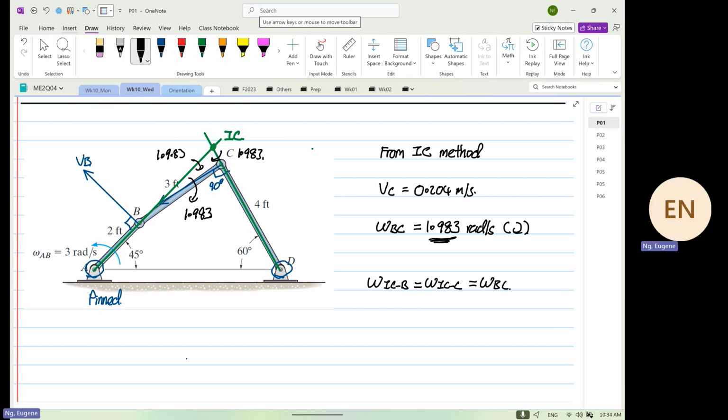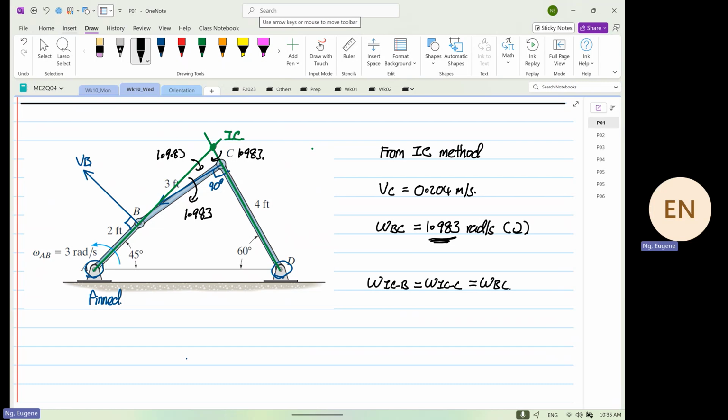Now there's a very unique thing about member BC. I repeat again, there is a very unique thing about member BC. What is so unique about member BC? If you look at the IC domain, member BC is there. If you look in the real structure domain, member BC is also there.